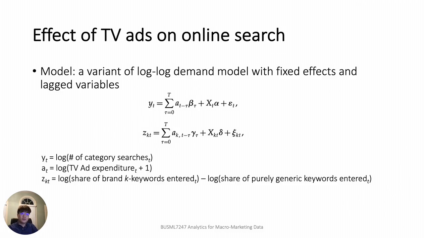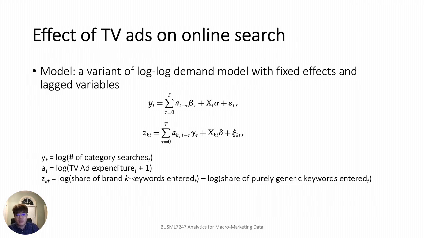These two equations are the main equations in the article. The first equation models the effect of ad expenditure, denoted A_t, on the category search volume, denoted Y_t. Both A and Y are log metrics, and there are some control variables, denoted capital X_t, including time-fixed effects.